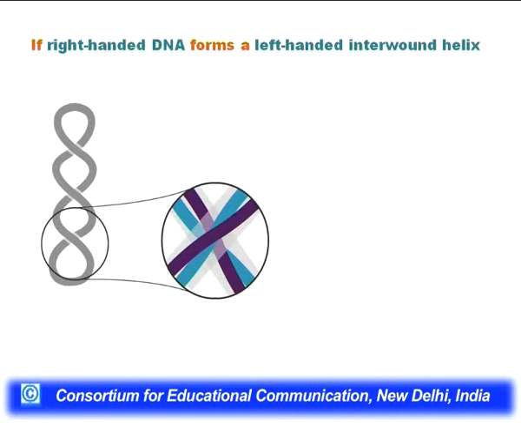If the right-handed DNA helix is forming a left-handed interwound helix, it is left-handed when the front strand of the DNA is going towards left and up. When this left-handed helix forms, you can see in the inset that the twists are reducing.